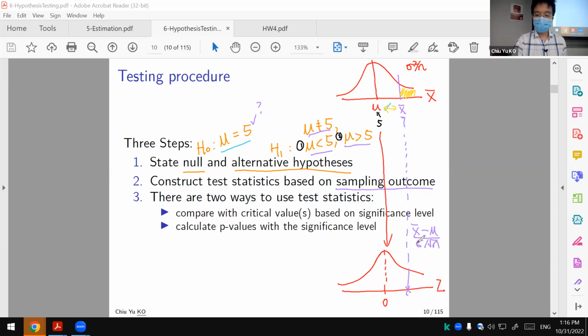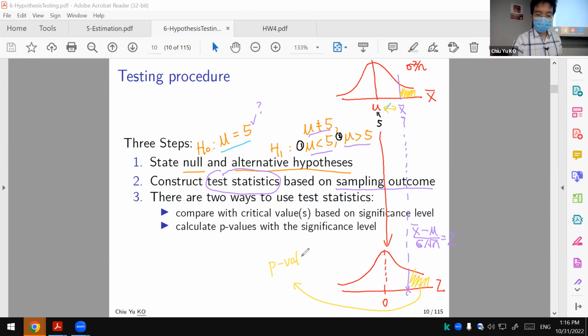We calculate this, and this is called the test statistic, because we're actually going to do the test. We look at this area. Is it small enough? We compare this area to our alpha. This area under case 2 is called the p-value.